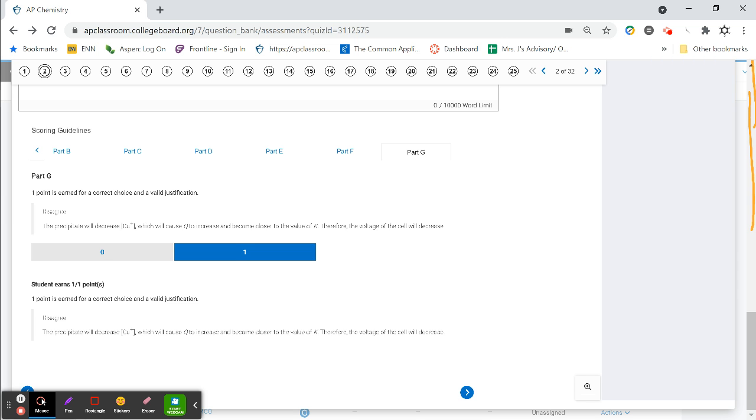The precipitate will decrease the amount of copper plus 1, which will cause your reaction quotient to increase and become closer to the value of K. Therefore, the voltage of the cell will decrease when the precipitate forms. Okay? That was a long explanation.